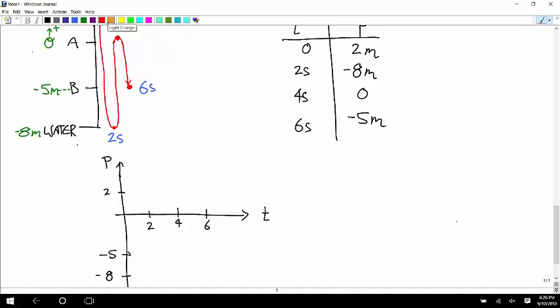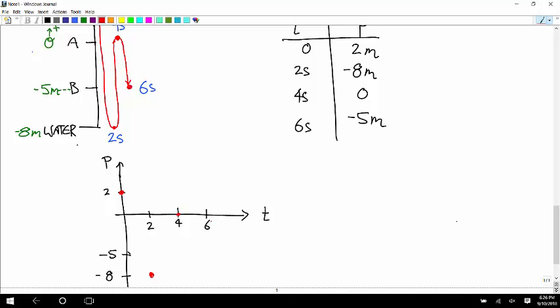The first point we have to plot is 0 time, 2 position. So 0 time, 2. And then the next one is for time 2 seconds, for position negative 8. The next one is 4 seconds, position 0.